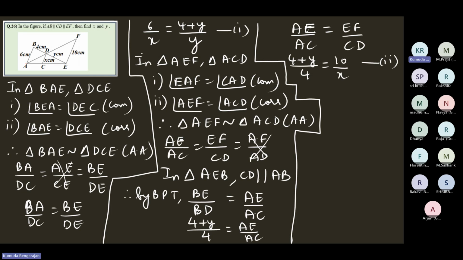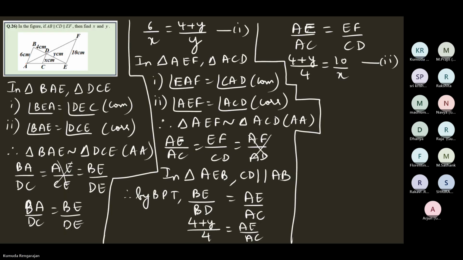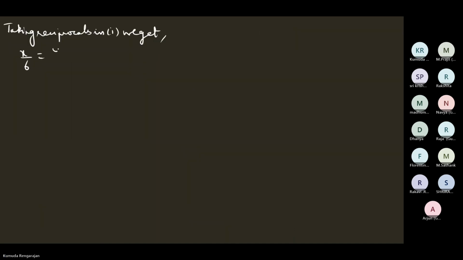Applying invertendo, or in simple language, taking reciprocals on both the sides. Taking reciprocals in 1, we get x by 6 is equal to y by 4 plus y.